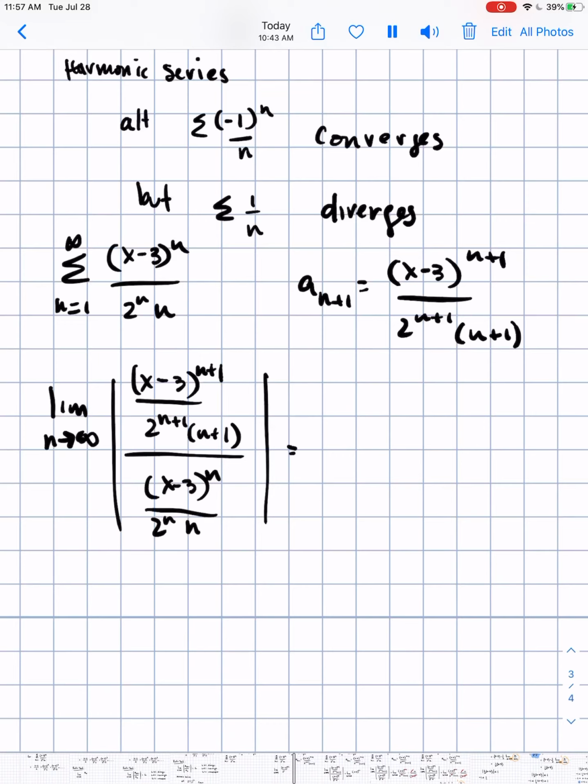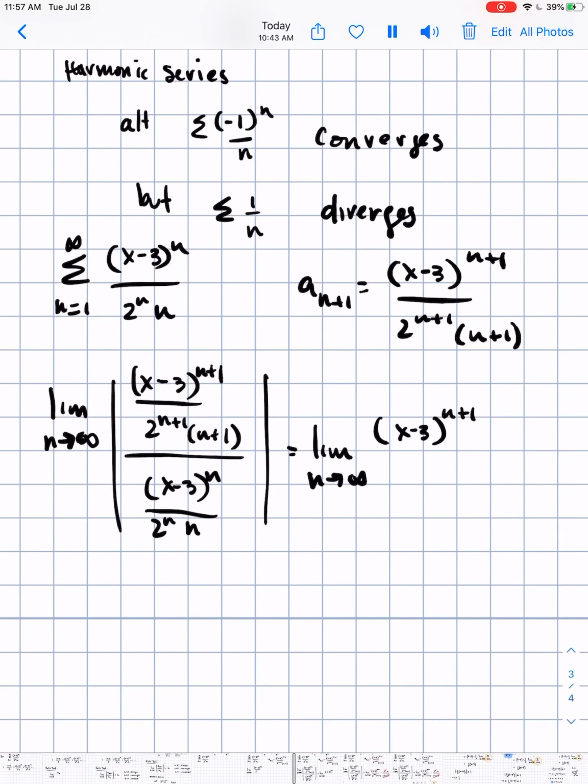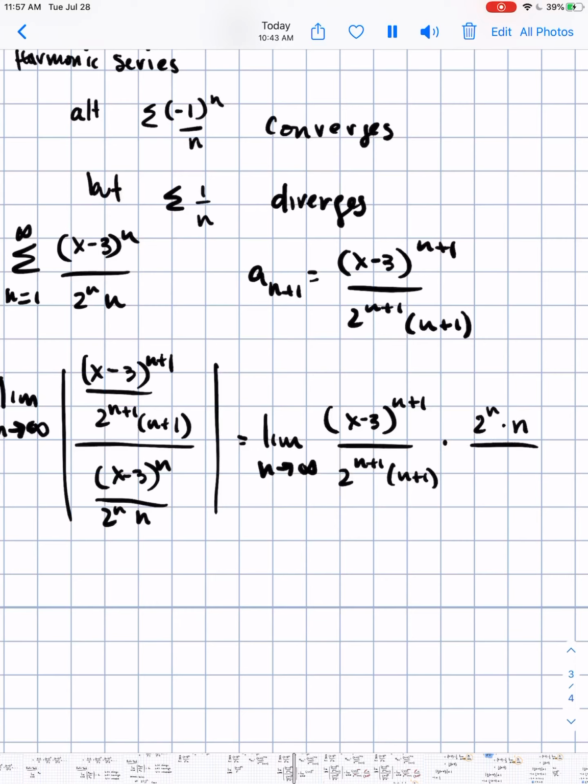And then this is going to equal, remember your rule, keep and then flip the denominator, so you have 2 to the n times n over x minus 3 to the n.